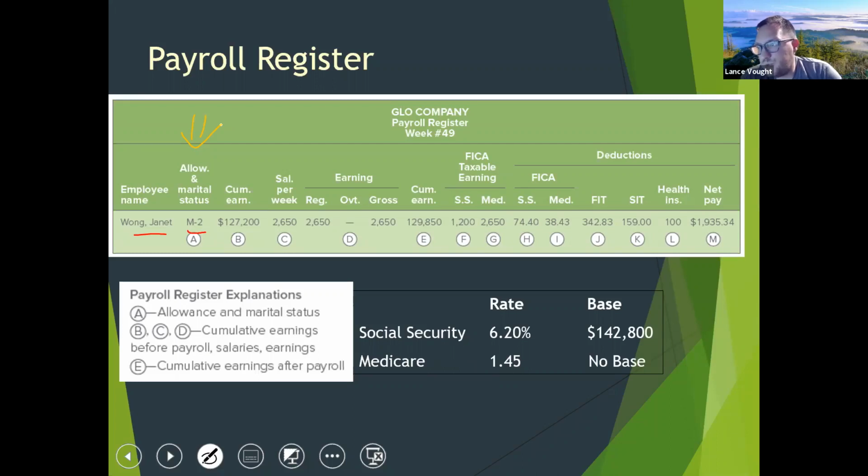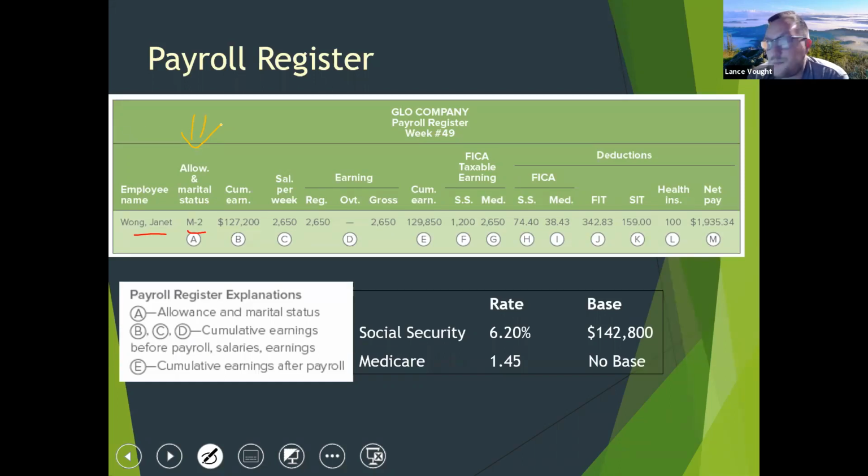I know it looks like cum-eam, but it's cumulative earnings. This says that Janet Wong, up until this paycheck, the accumulation of all the money that she's earned has been $127,200. I want this job. I want a job where I get $127,200 a year. Don't we all?